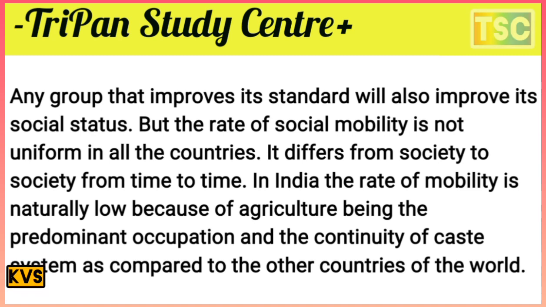It differs from society to society and from time to time. In India, the rate of mobility is naturally low because of agriculture being the predominant occupation and the continuity of the caste system, as compared to other countries of the world.